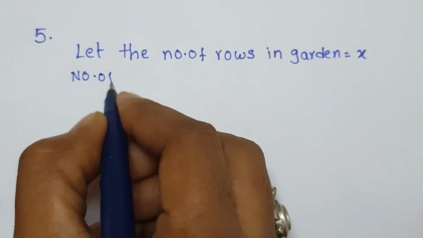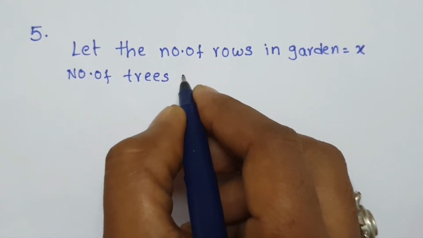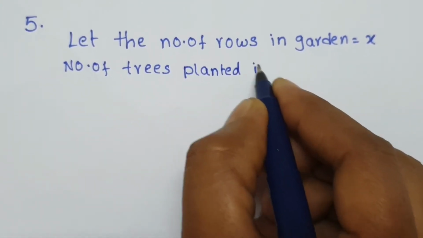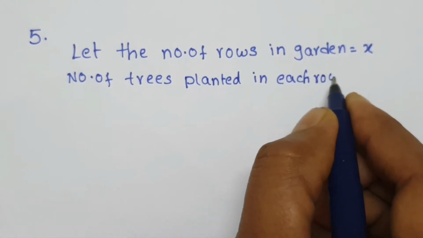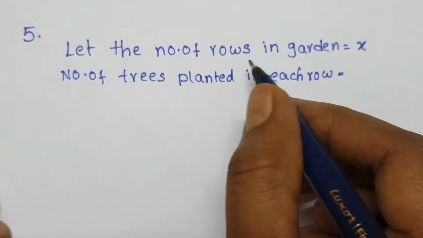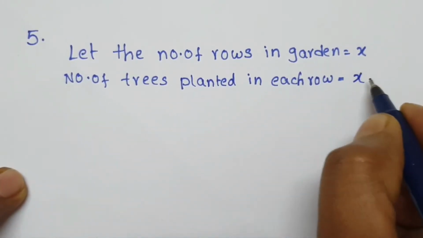Number of trees planted in each row. So let the number of rows and number of trees both be equal, means x.